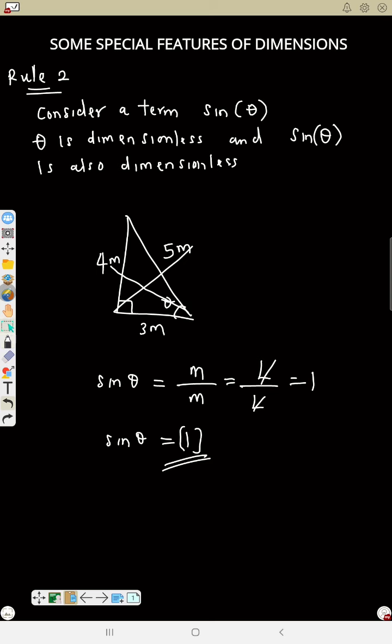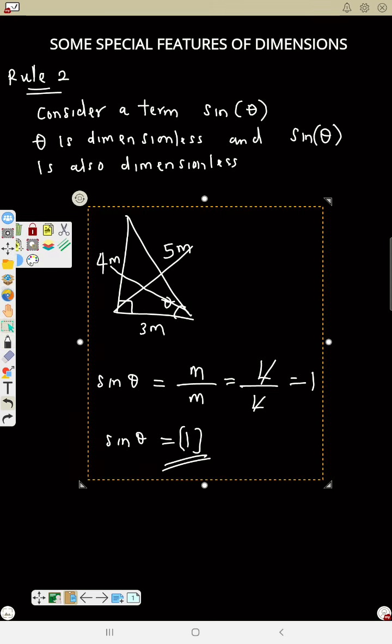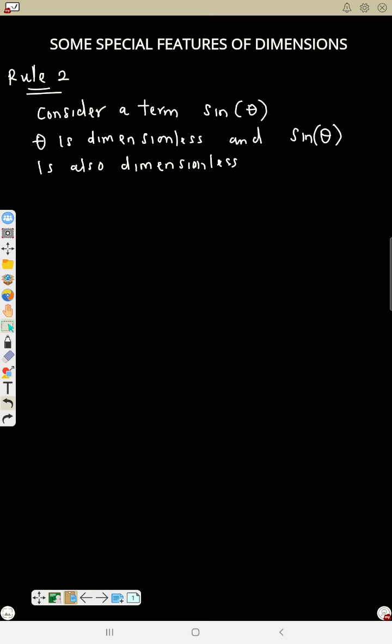That means sine theta is also dimensionless. In this case there are two things that are dimensionless. Number 1, theta is dimensionless. Also sine theta is dimensionless, with what I showed in the triangle.